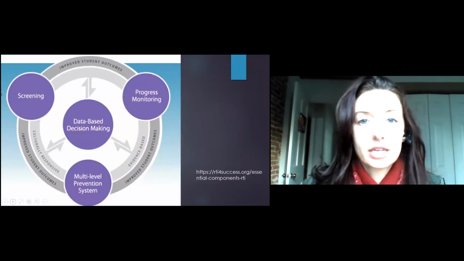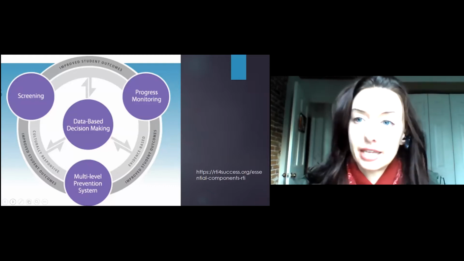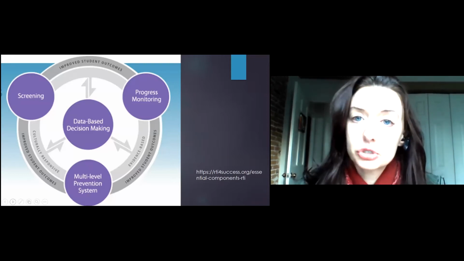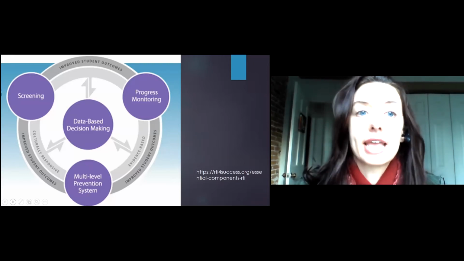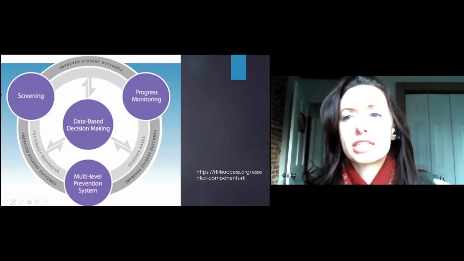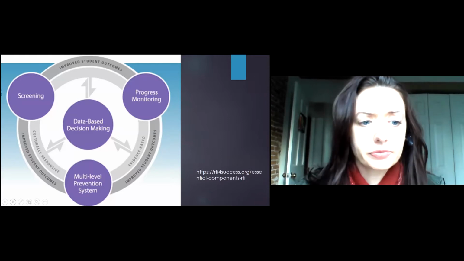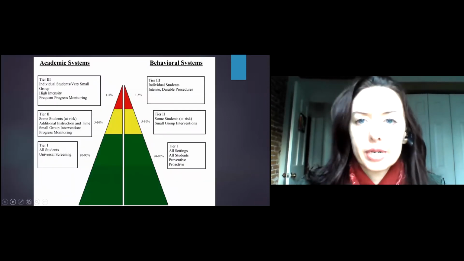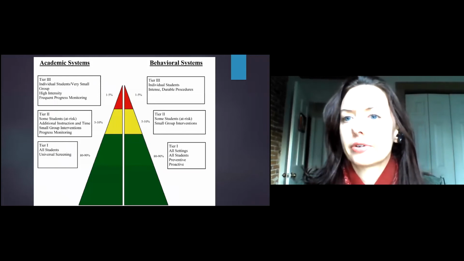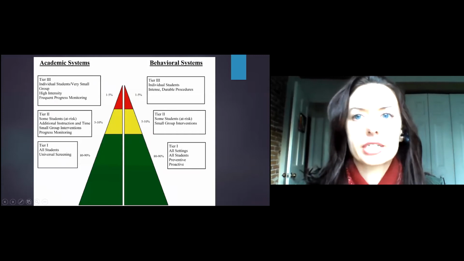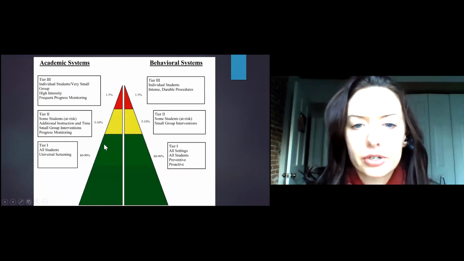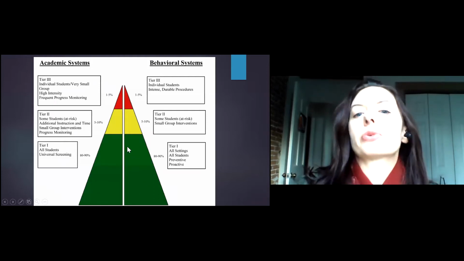So in the US, we've moved to more of a response to intervention model. So we are noticing that students are behind their peers, and then we're screening, we're using interventions, and we're progress monitoring. So this is what it looks like in the US. All students, I don't have annotation capabilities here. Okay, so all students, this is your classroom, your regular ed classroom. I hope you can see my mouse.